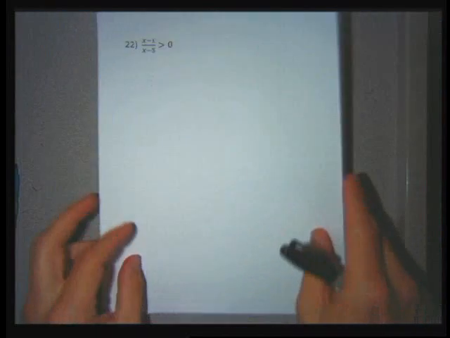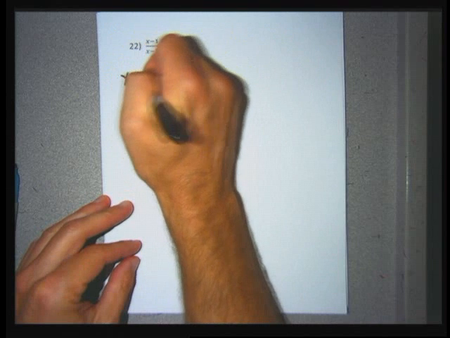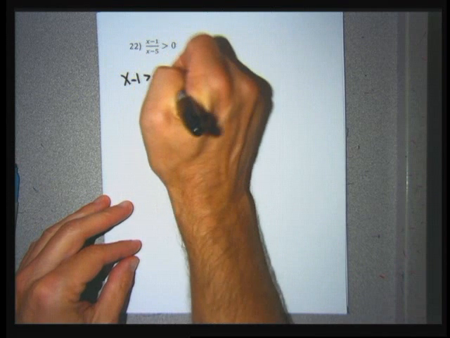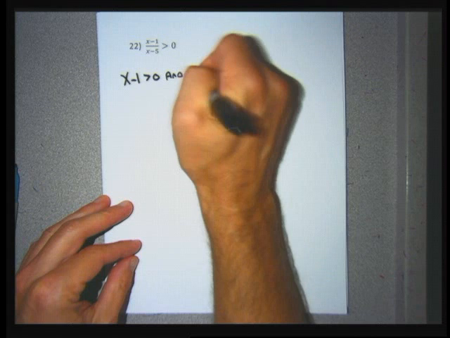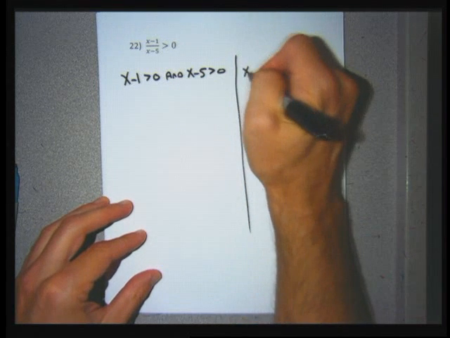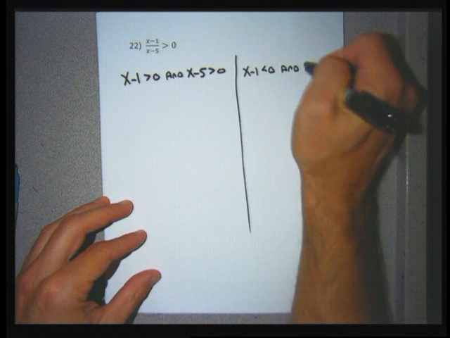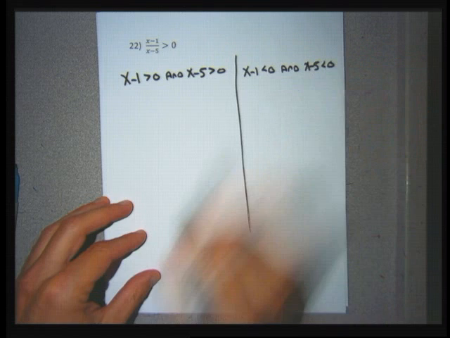3 more problems. Now we have a greater than. With the greater than, I need to have both positive or both negative. So in 22, I'm going to go either x minus 1 is greater than 0 and x minus 5 is greater than 0 for one scenario. The second scenario would be x minus 1 is less than 0 and x minus 5 is less than 0.